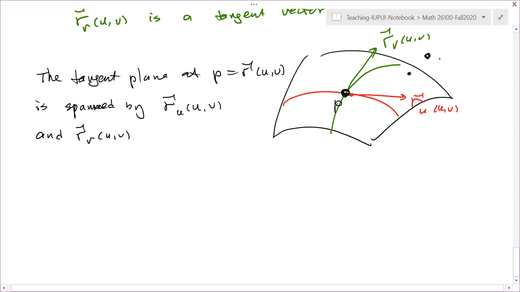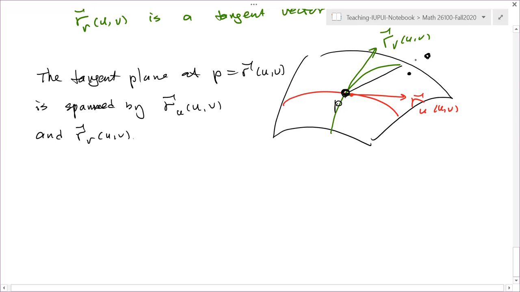It has three components. So if we want to describe the tangent plane, there are two different ways to describe it. You can parameterize the tangent plane, or you can use the dot product.